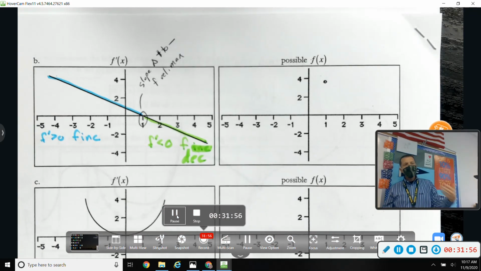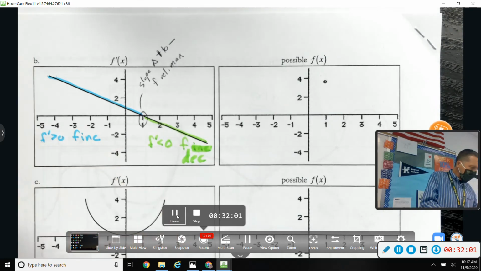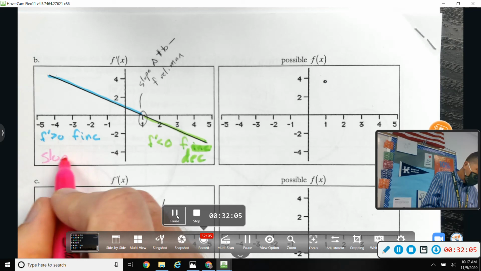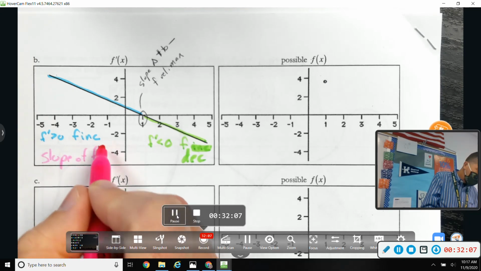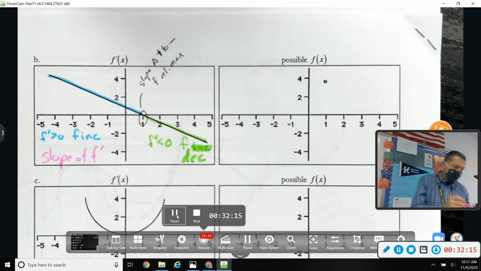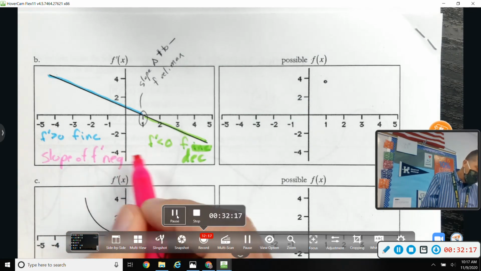And so the next thing we need to think about is concavity. So what about the slope of f prime? This is the graph of f prime. What would you say about that slope? It's negative. It's always negative.